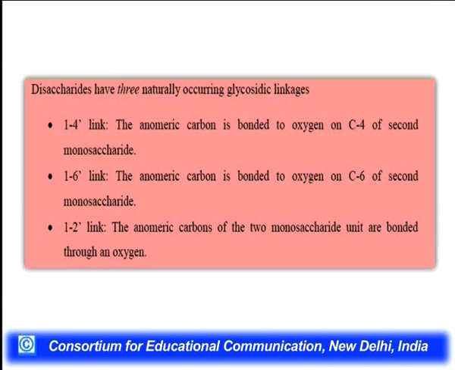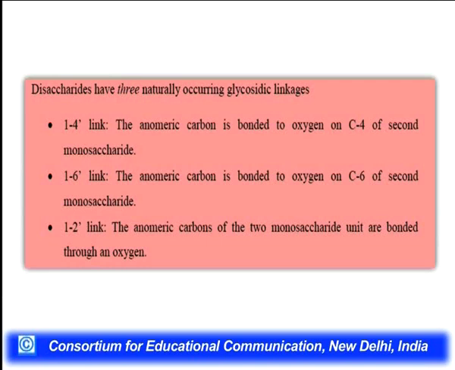Then we can have a 1,6 link, and when we talk of a 1,6 link, in this case the anomeric carbon of one monosaccharide is bonded to the oxygen on the C6 of the second monosaccharide.